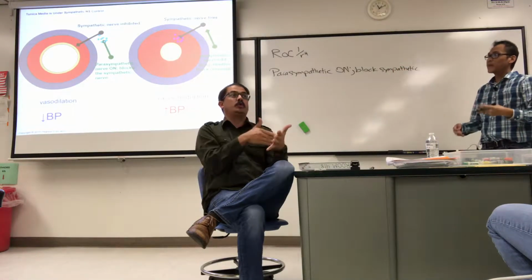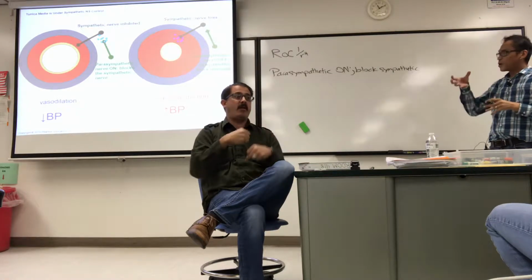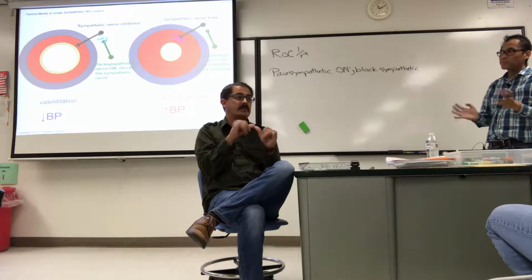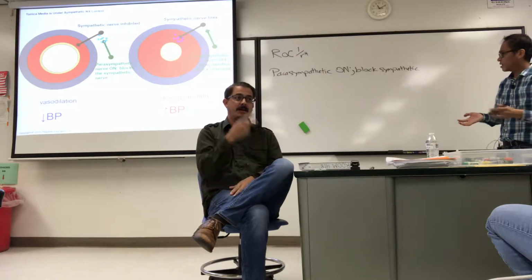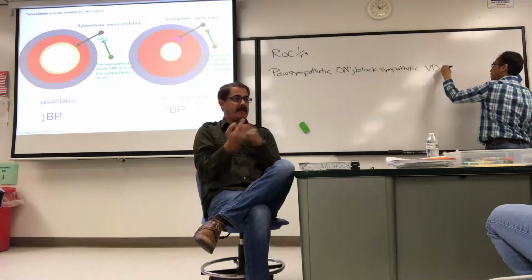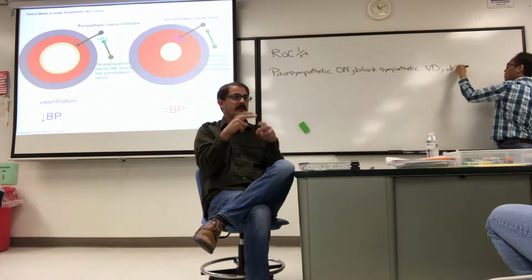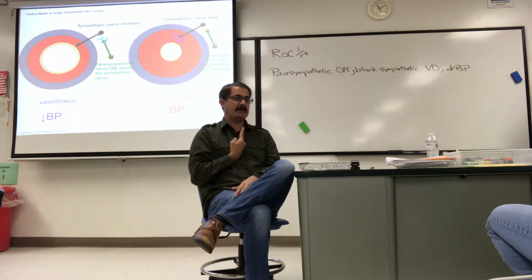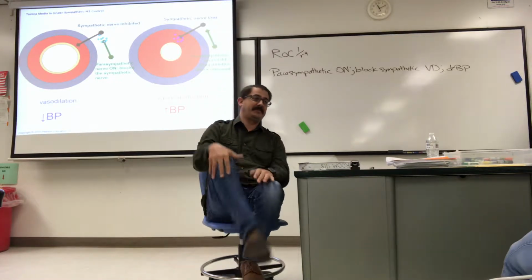So when you do that, that sympathetic tone is down. Blood vessels tend to be more relaxed and vasodilated. I'll just put VD for vasodilate. The systemic effect we observe is a moderate drop in blood pressure. Okay? That's the basic idea.